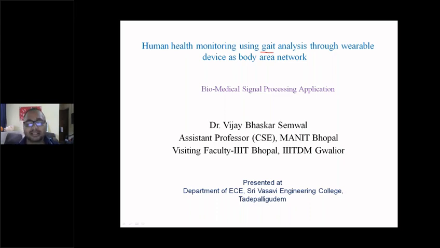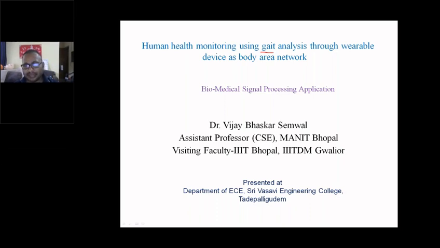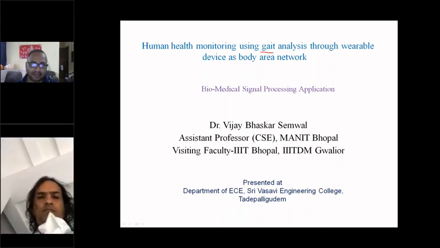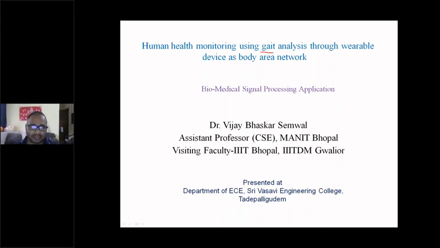Different people have their own way of walking. It is a very unique biometric identification, like face or palm. It is a behavior-based biometric. So with the help of gait, we can not only uniquely identify a person, we can also assess health.